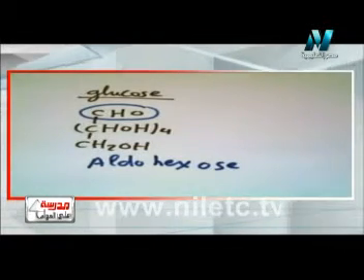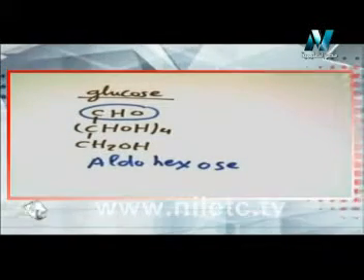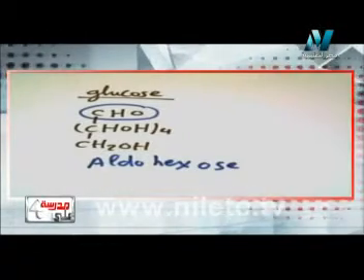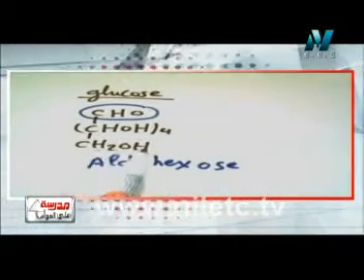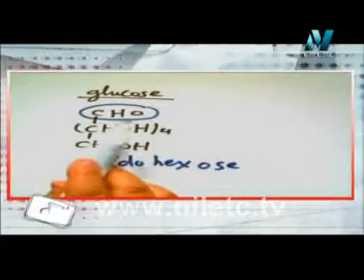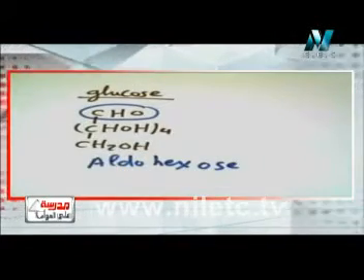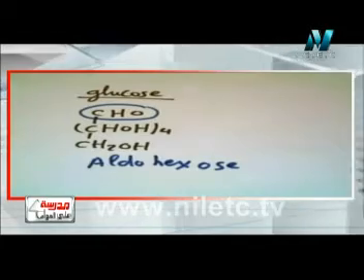So glucose has the structure CHO, CHOH all by 4, CH2OH. It contains a formyl group CHO and hydroxyl groups, so it is an aldohexose.